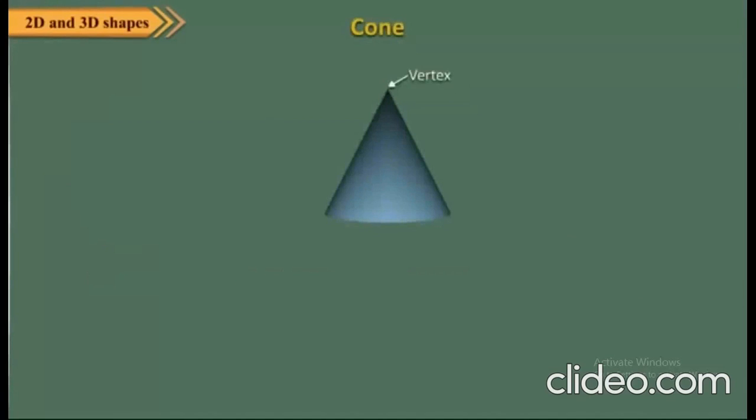How many edges, vertices, and faces does it have? Cone has 1 vertex, that means 1 corner, 1 curved edge, 1 curved face and 1 flat face.